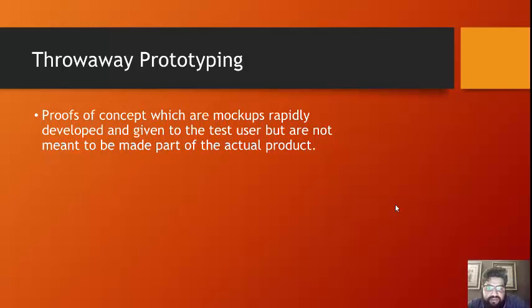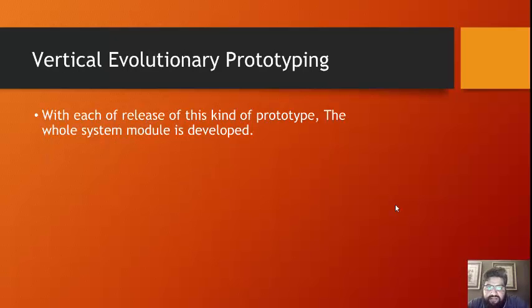The end user provides feedback which can quickly be incorporated into the design of the main system, and once it's included in the main system, the design concept, the prototype is discarded and thrown away, as the name indicates.